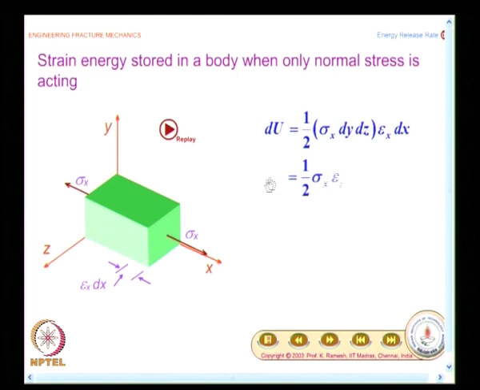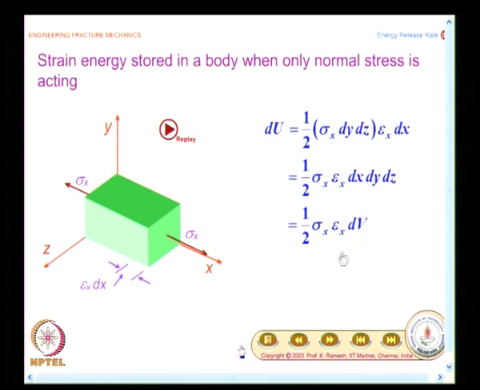So, I have the incremental strain energy given as 1/2 of sigma x dy dz. This is the area on which the stress is acting. So, this gives you the component of force, and epsilon x dx gives the corresponding displacement. And if you look carefully, the incremental strain energy is 1/2 of sigma x epsilon x into dV.